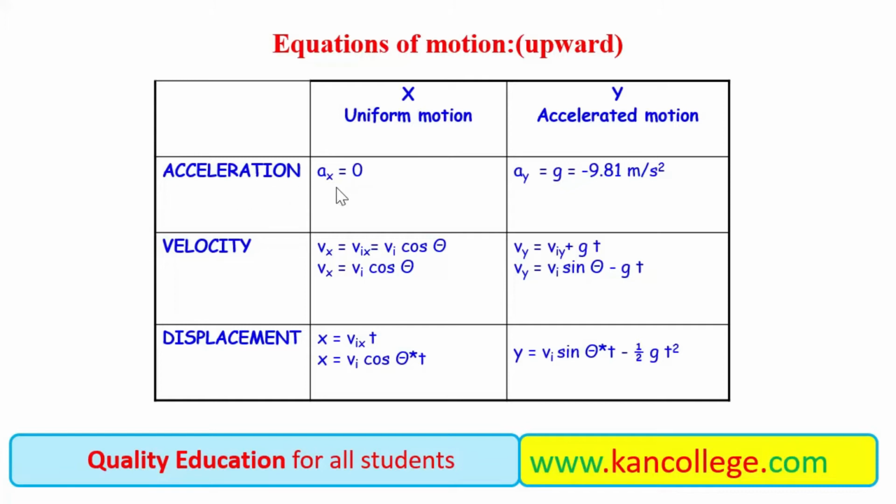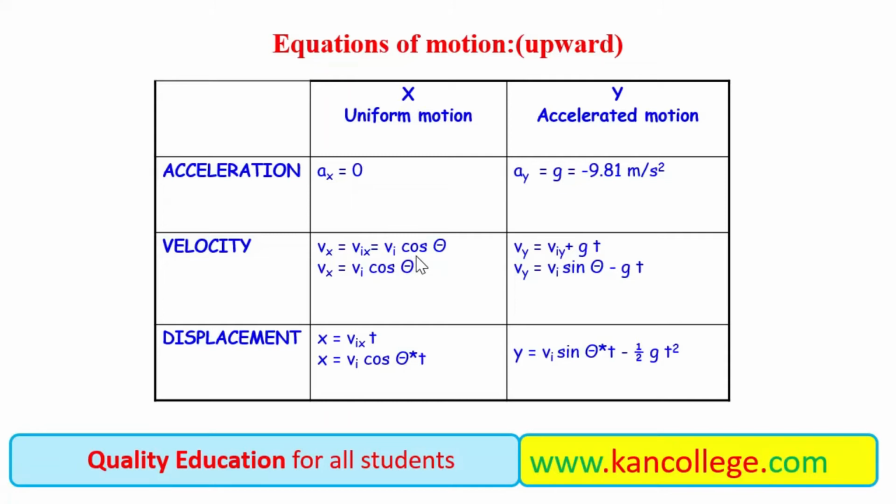As far as the acceleration is concerned, there is no acceleration along the x-axis, so ax is equal to 0 and ay is equal to minus 9.81 meter per second square. As far as the velocity is concerned, the velocity component along the x-axis throughout the motion remains constant, and that is equal to vi cos theta.